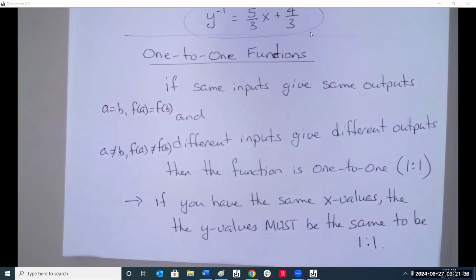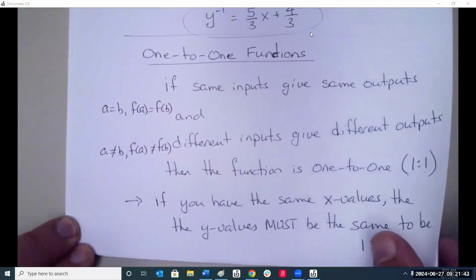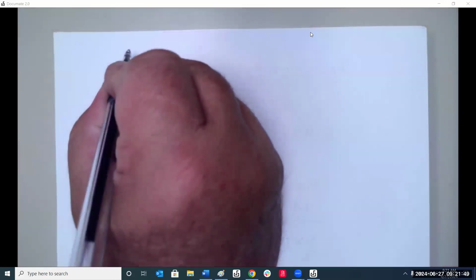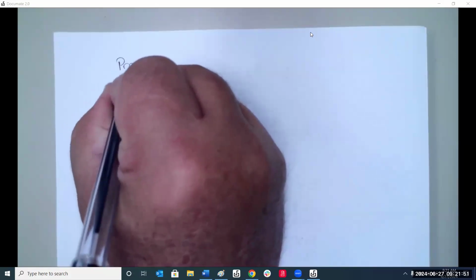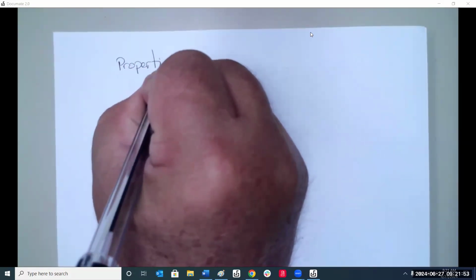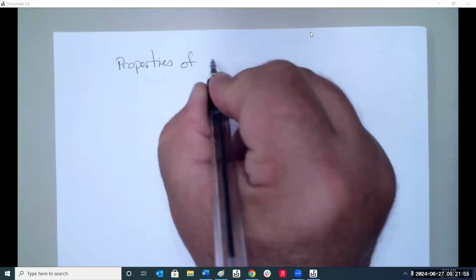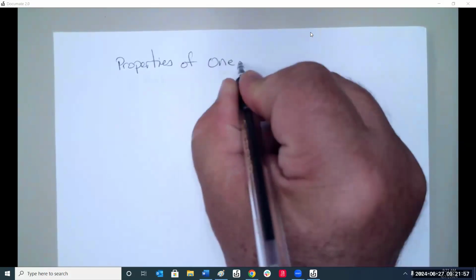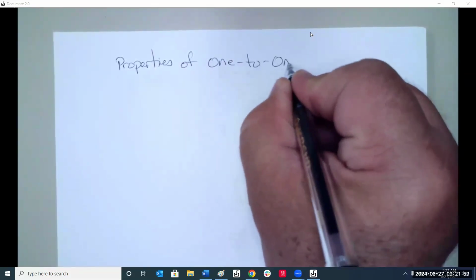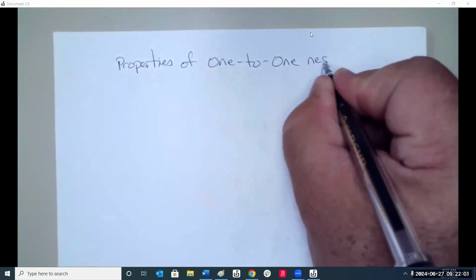And there's an easy test we can do to see this. So let's look at the properties of one-to-oneness.